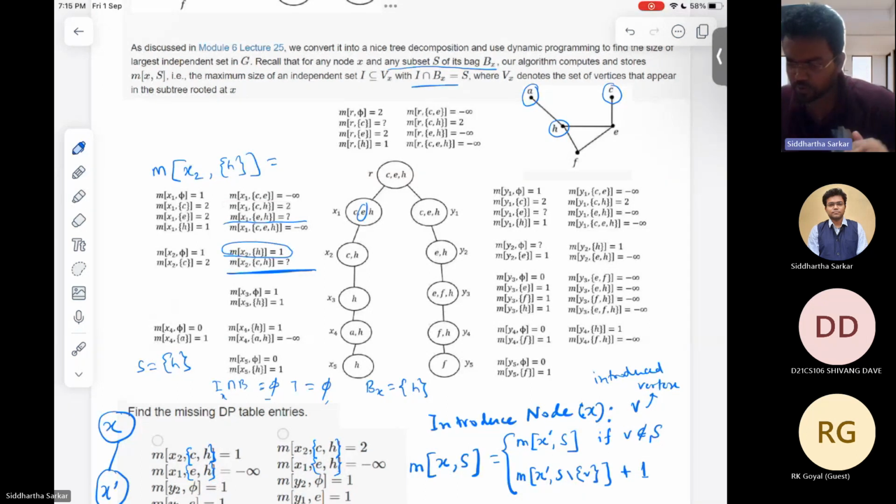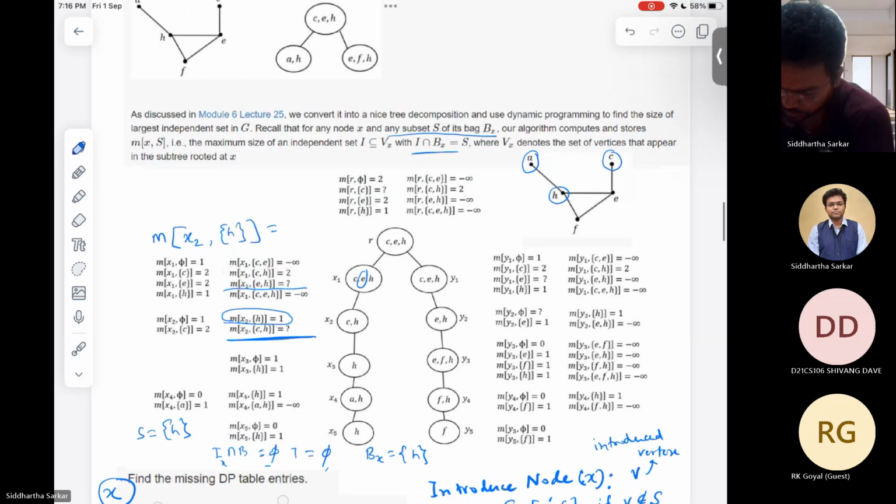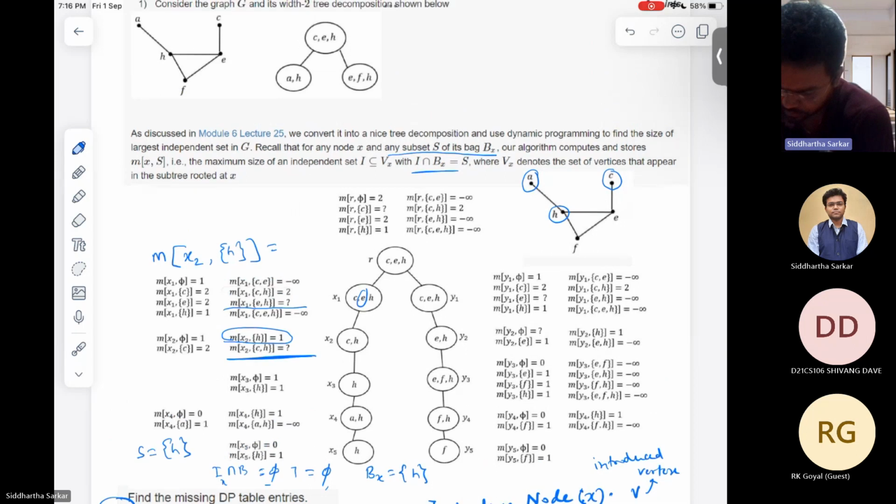But even before going there, we have to check. Now we have to check the definition. So what is the definition? Definition is saying that you give me that maximum independent set whose intersection with the bag is S. Okay.